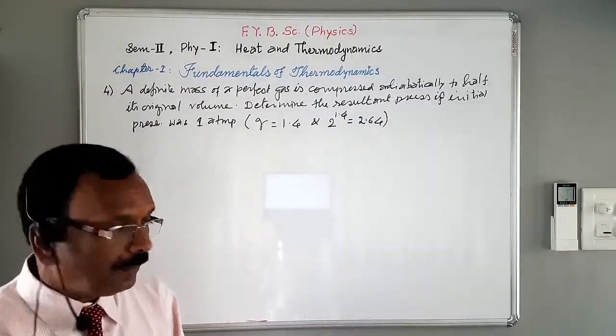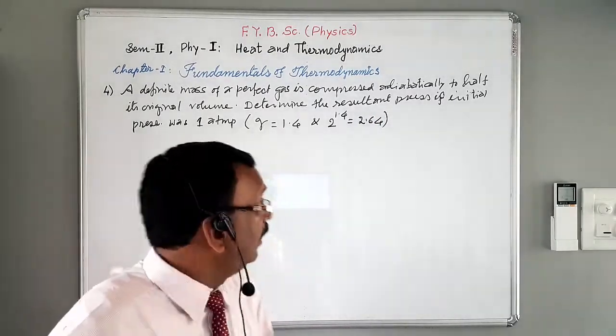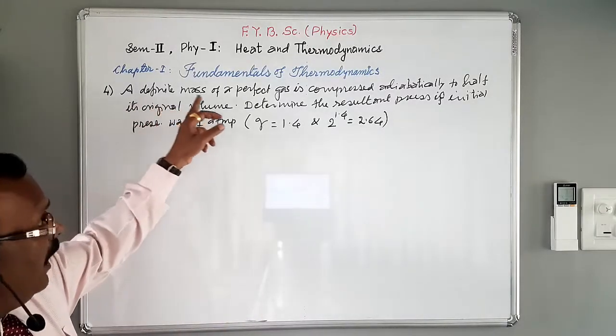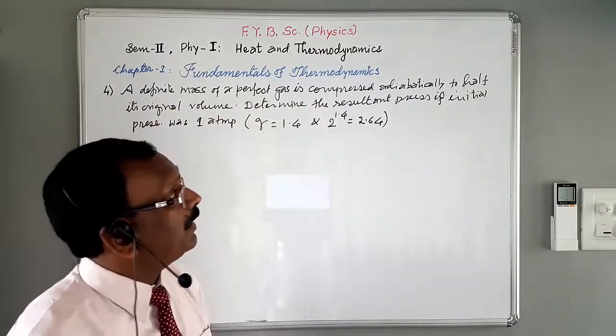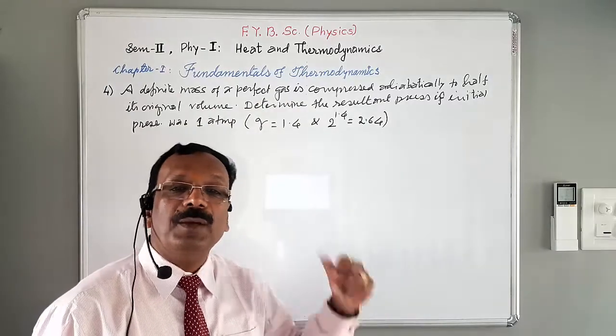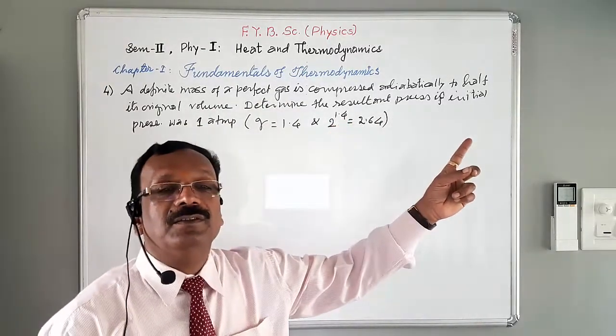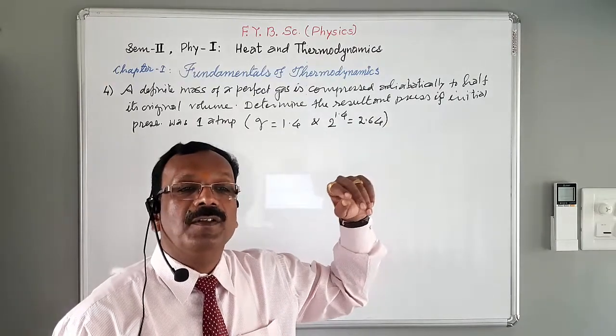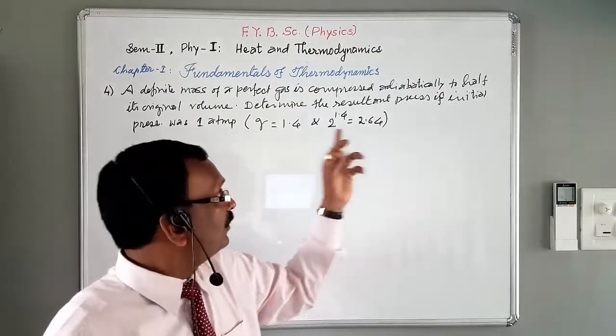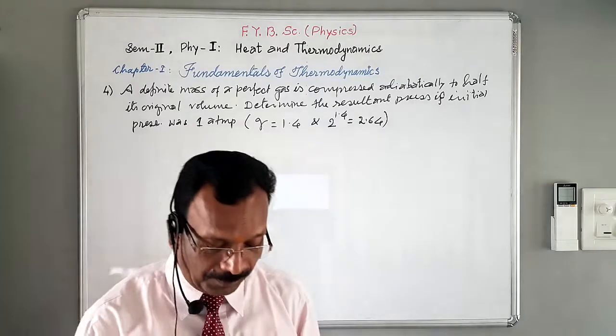Okay. Read the problem carefully. A definite mass of a perfect gas is compressed adiabatically to half its original volume. Determine the resultant pressure of the gas if the initial pressure was 1 atmospheric pressure.